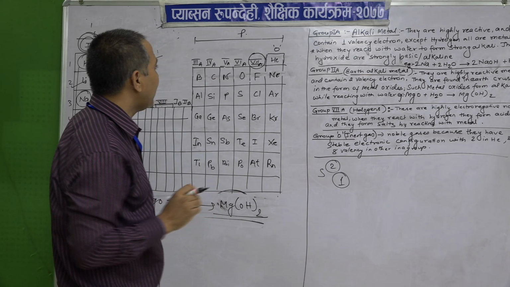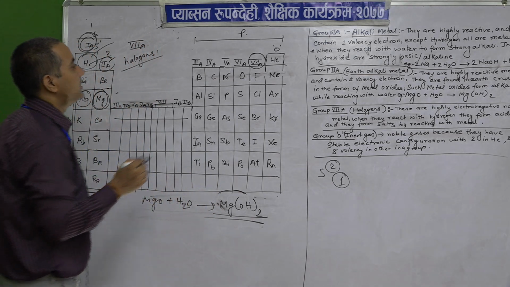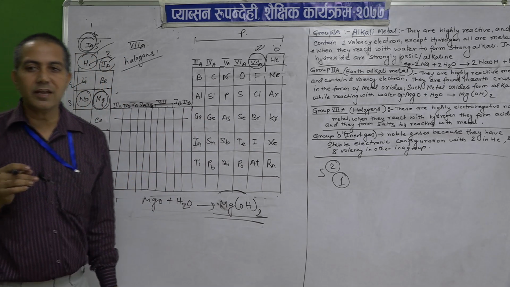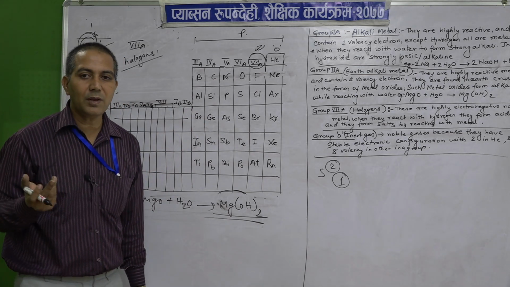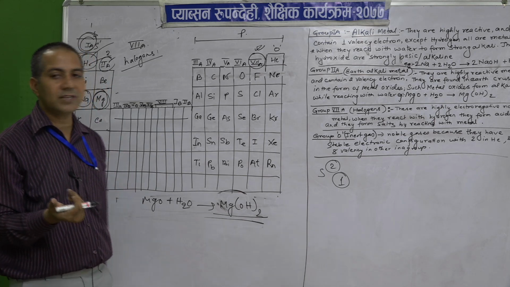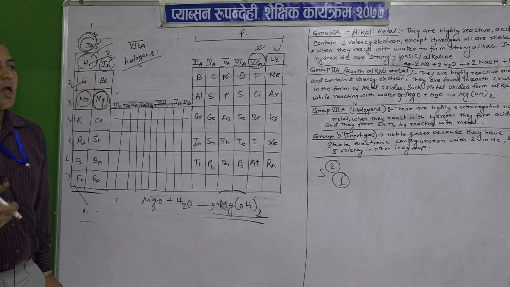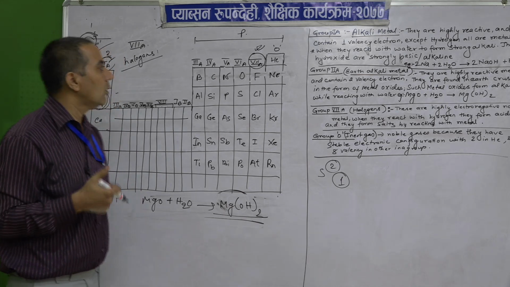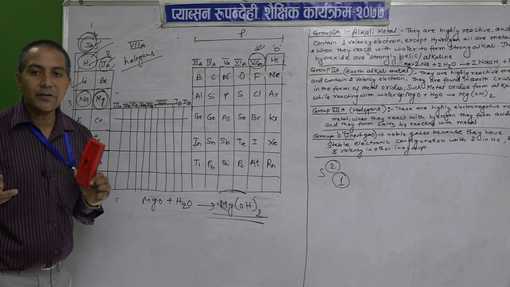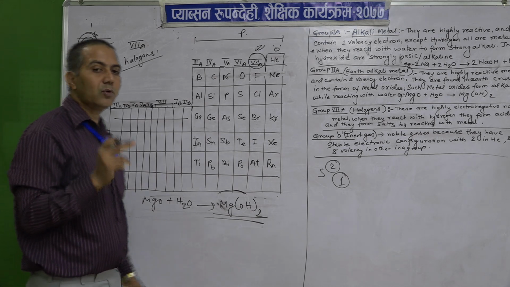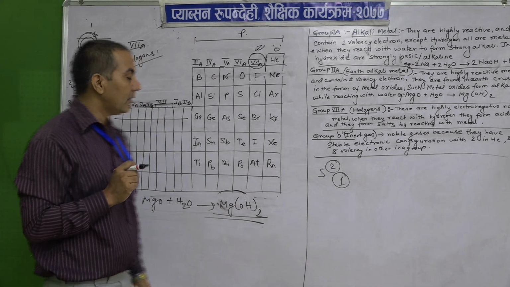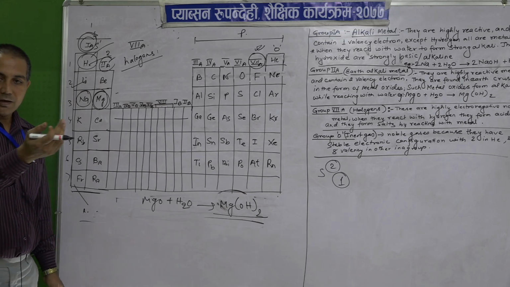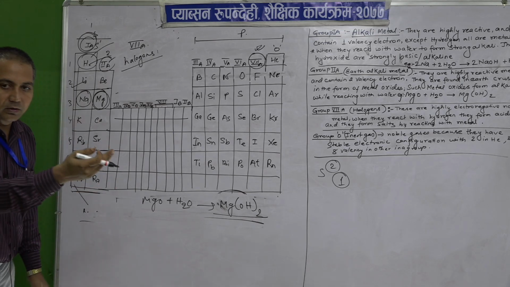So, what is the 7A group? In 7A, the outermost shell contains how many electrons? 7 electrons. How many electrons are needed to fulfill it? 1. So they are highly reactive, but what? They are not electropositive, because they will not lose the electron.